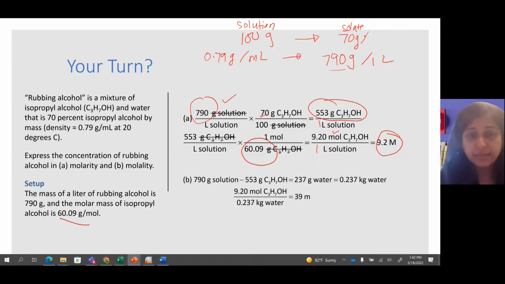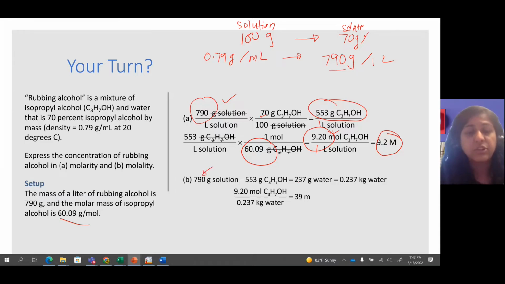Next, molality. We have the moles of the solute. Good. What else do we need? We need the kilograms of the solvent. What is the solvent? The solvent is water.